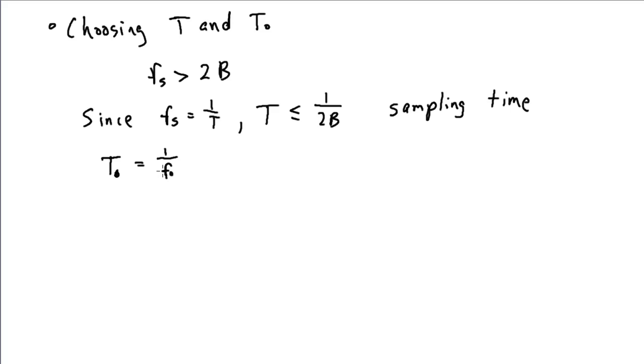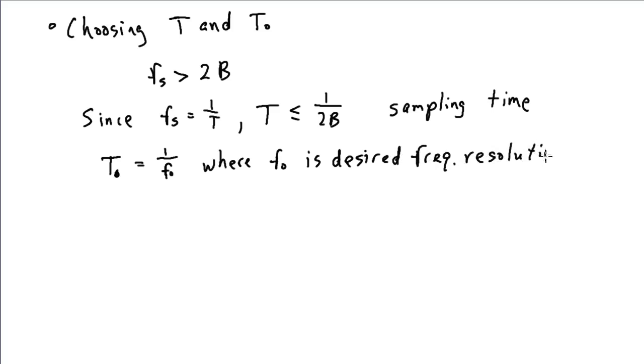T0 is the total time duration in the time domain, and F0 is the frequency between my frequency samples, also called the frequency resolution, where F0 is the desired frequency resolution.